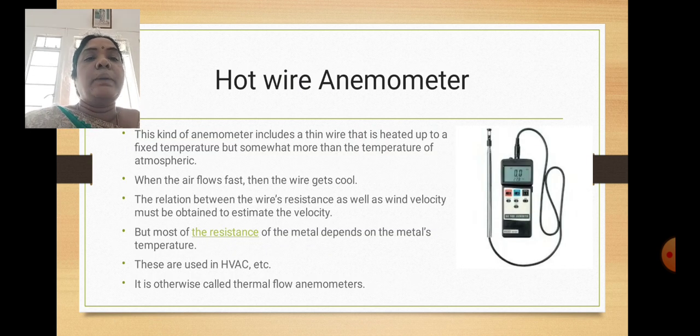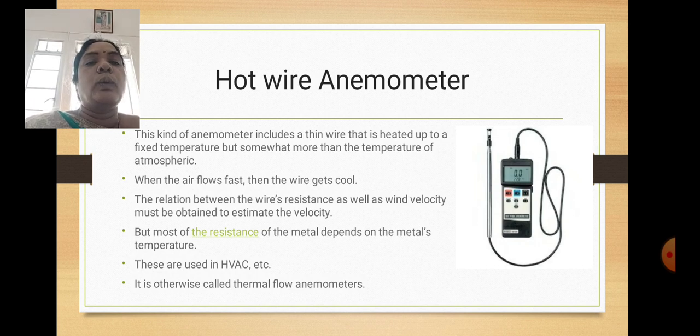The next type is the hot wire anemometer. This kind of anemometer includes a thin wire that is heated up to a fixed temperature, somewhat more than the atmospheric temperature. When the air flows fast, the wire gets cooled.